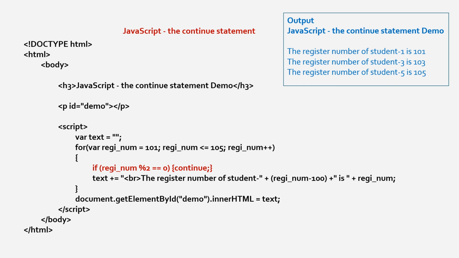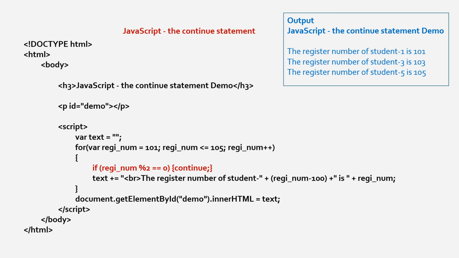Next, that will be incremented, that is register number plus plus will be executed. That time it will check whether 102 modulus 2 is equal to 0. Yes, that is equal to 0. So during that time the condition is true, so continue will execute.